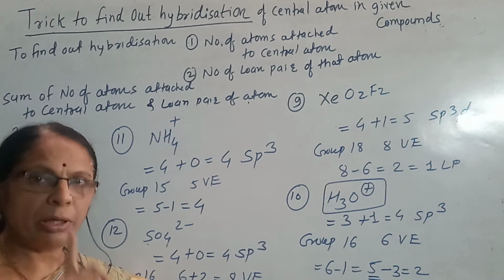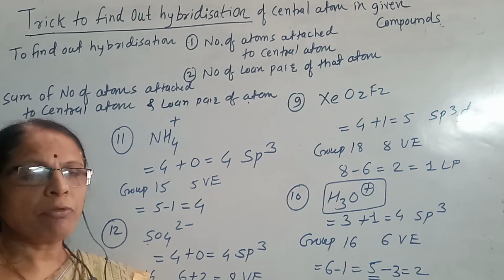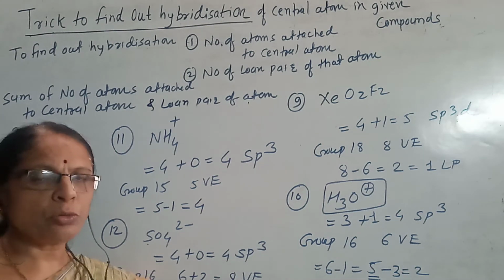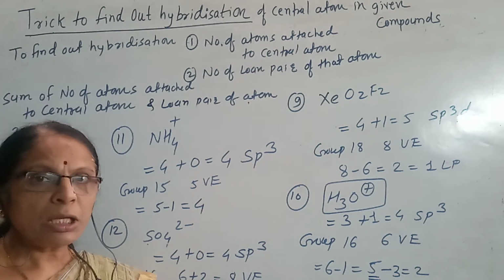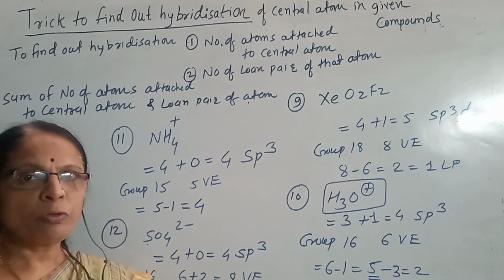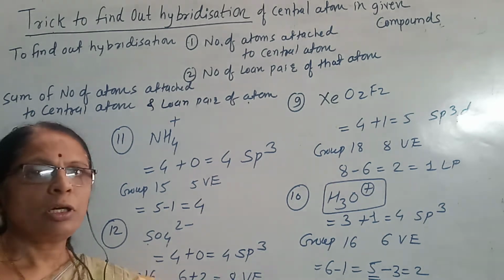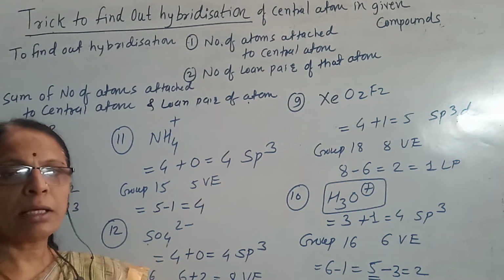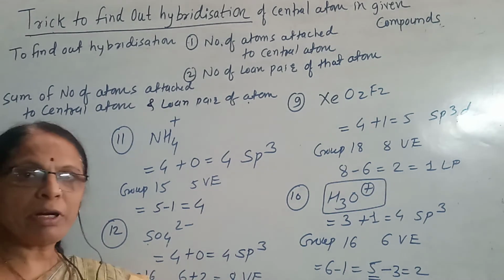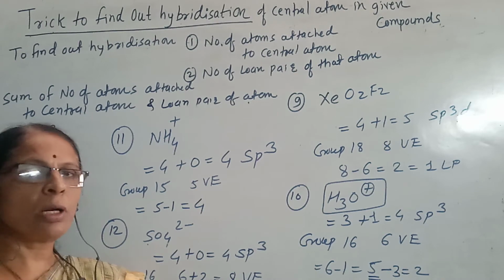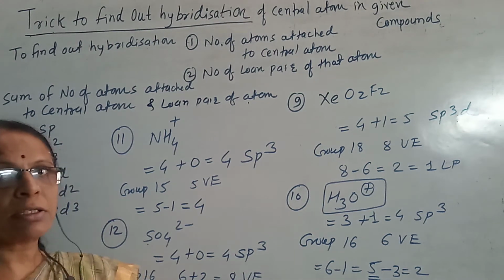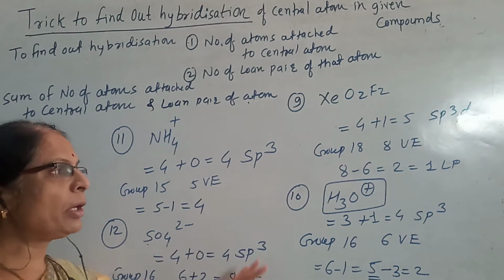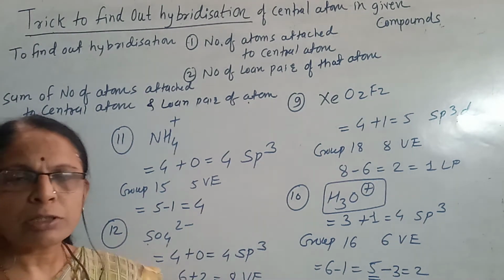We know that group 1 has 1 valence electron, group 2 has 2, group 13 has 3, group 14 has 4, group 15 has 5, group 16 has 6, group 17 has 7, and group 18 has 8 valence electrons.